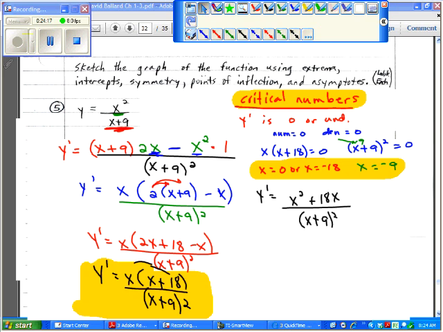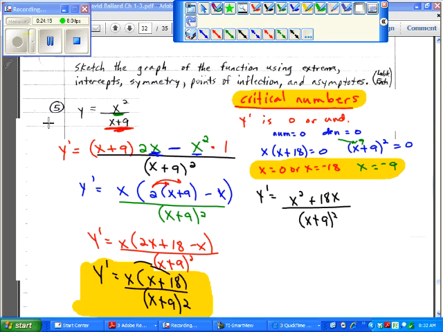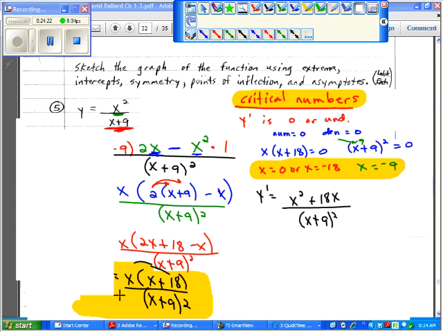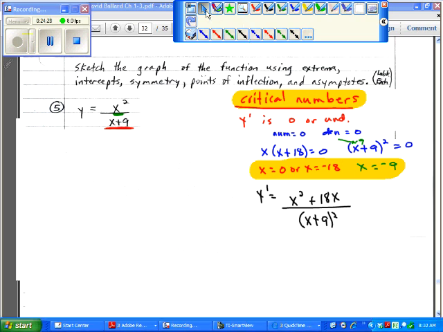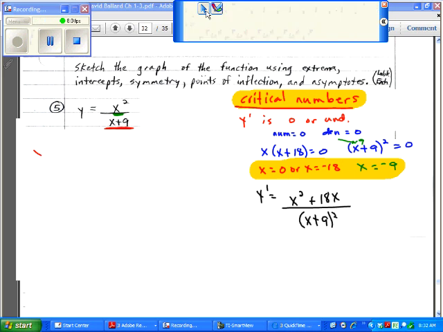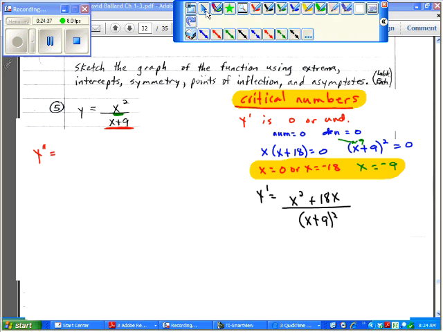Okay, so I'm going to remove the stuff over here on the left, and we'll work our way through the second derivative then. Okay, so we have a quotient, and so we're going to take the what? Denominator, which is x plus 9 squared, times the derivative of the numerator.